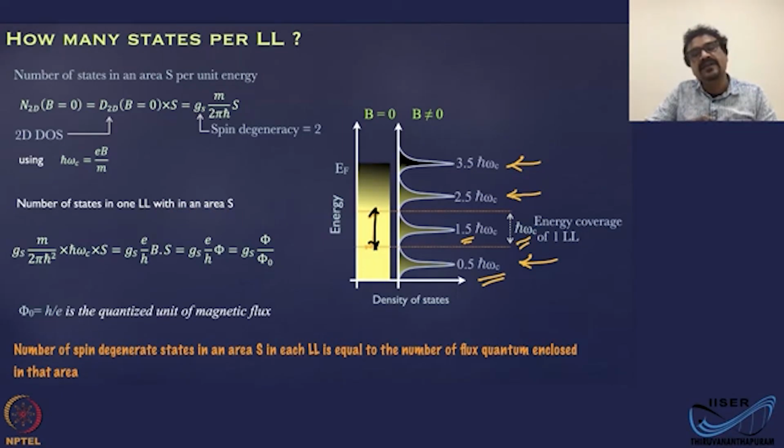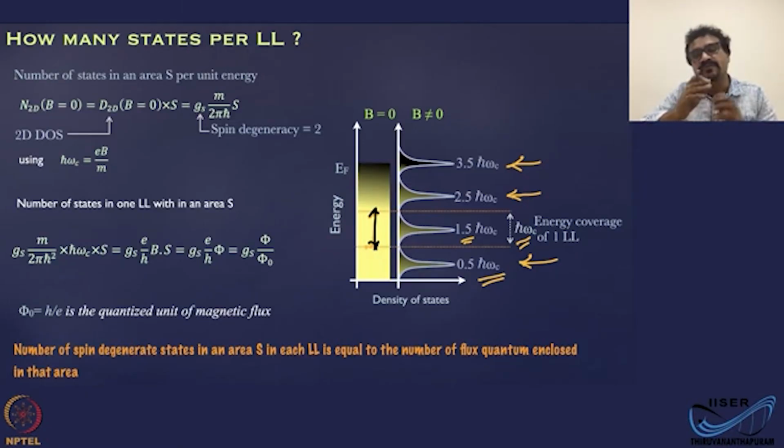Now you have to be a little bit careful here. A Landau level refers to the energy, or it's an orbital, or it is a collection of states in the K space, but that can be scattered in many places in the real space.